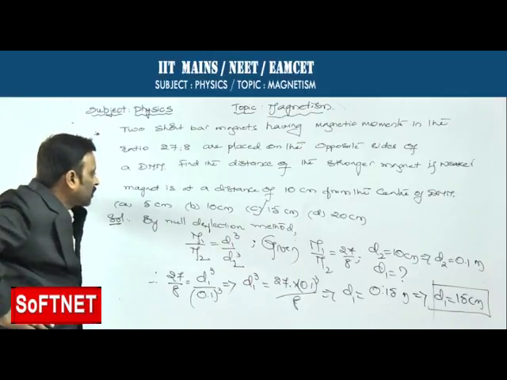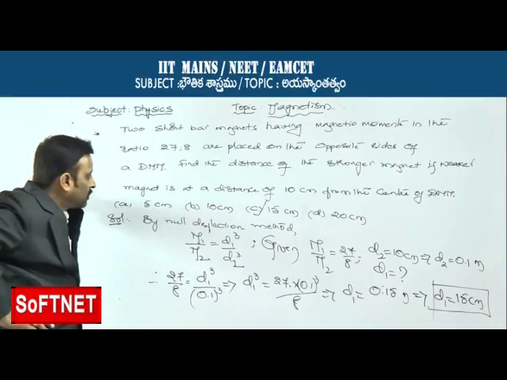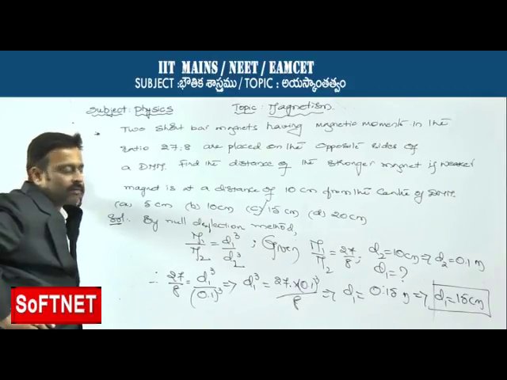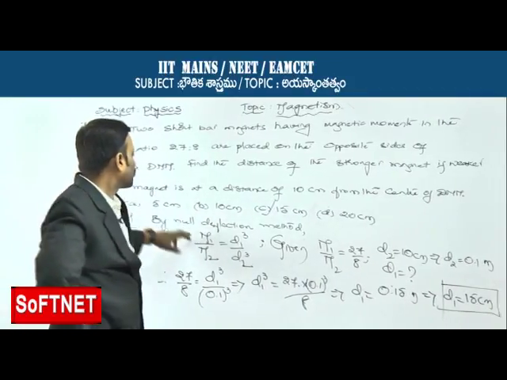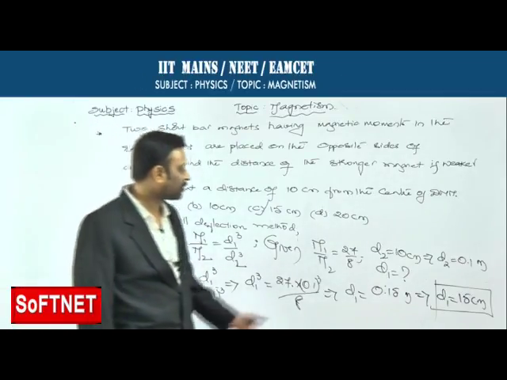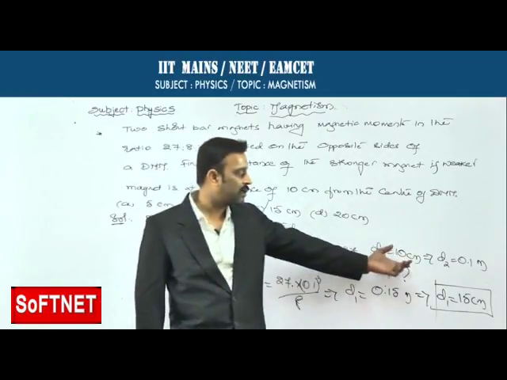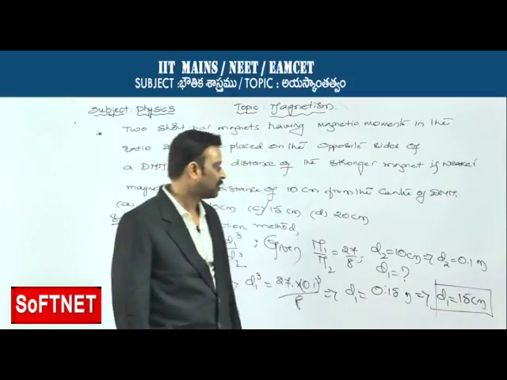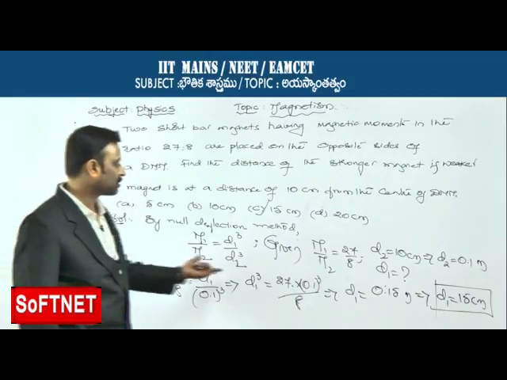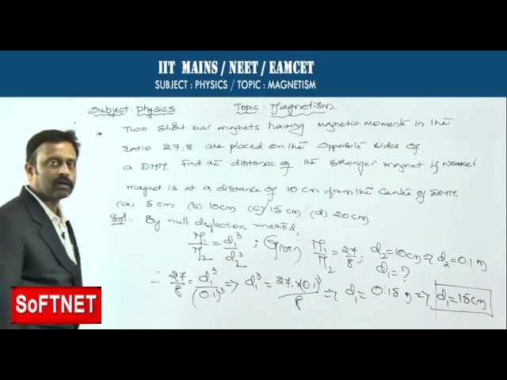As it is based on the null deflection method, the formula to compare the magnetic moments of the given two bar magnets is m1 by m2 equal to d1 cube by d2 cube. According to the data given, m1 by m2 is 27/8. Let d2 be 10 centimeters, which is equal to 0.1 meters. As you are asked to calculate d1, by substituting the data in this relation and simplifying, you get the value of d1 as 15 centimeters. So, the third option is correct.